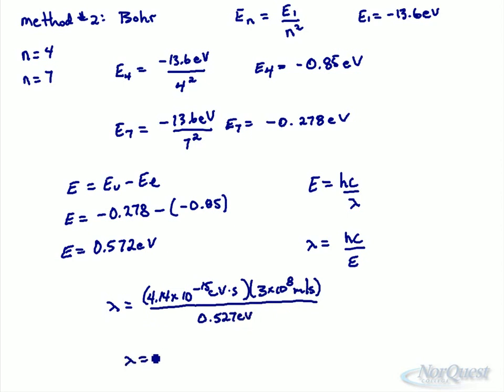And if I punch that in, hopefully I get the same value. Otherwise, I've done something wrong. And I do get 2.17 times 10 to the negative 6 meters.